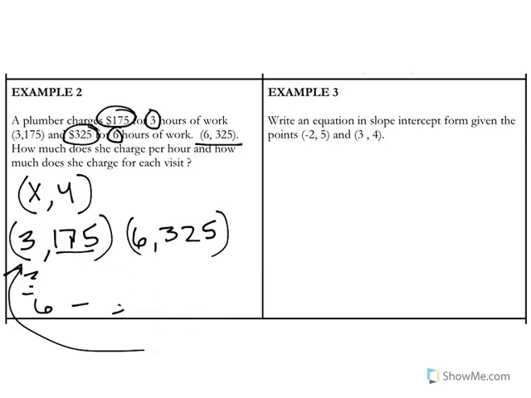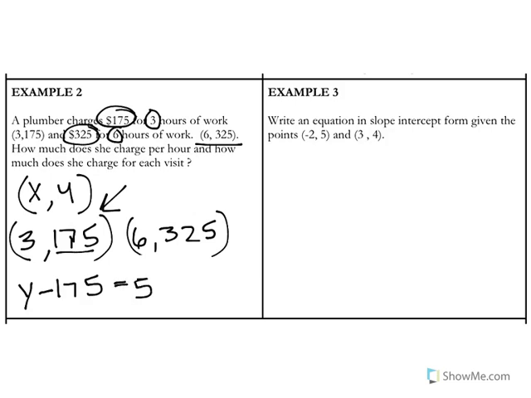because now that we know that the slope is 50, I can use point slope form to figure it all out. So I can say y minus, and I'm going to use this point here, y minus 175 equals 50 times x minus 3, right? This right here is my x1, this is my y1, and this right here is my slope.